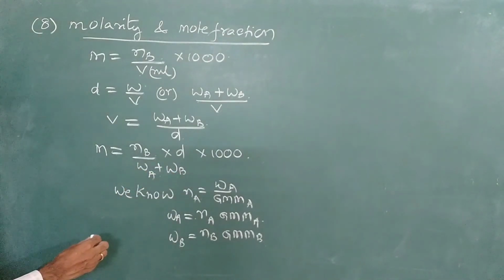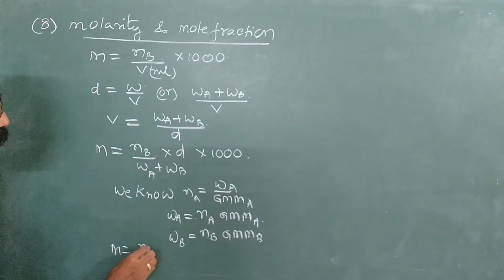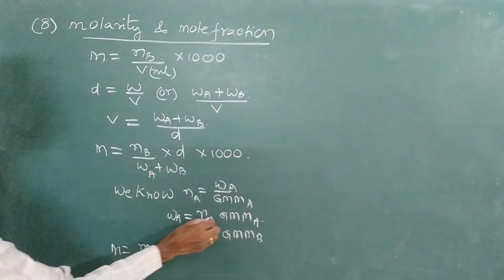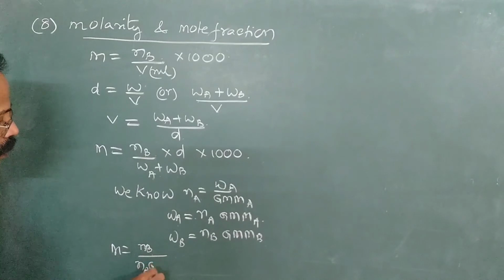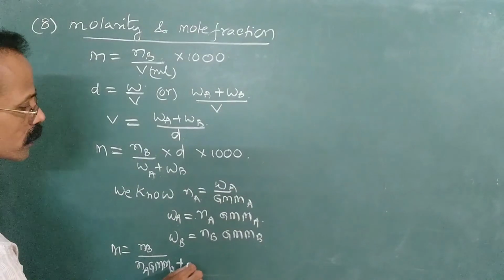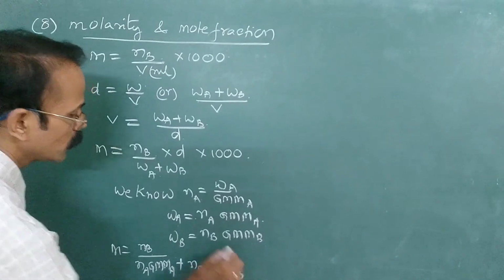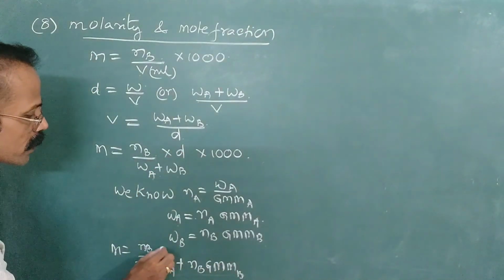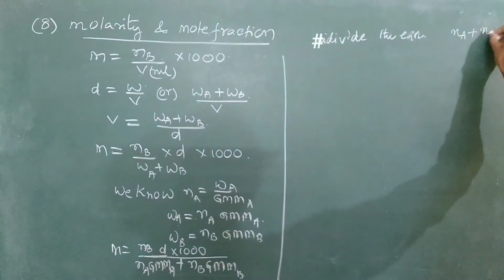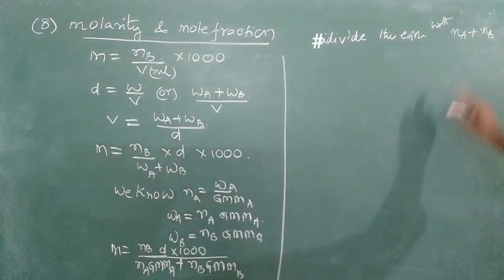Then you will get molarity equal to the number of moles of solute divided by the number of moles of A into the gram molar mass of A, plus the number of moles of solute into the gram molar mass of solute, with density into 1000 in the numerator. Na plus Nb is in the numerator, and in the denominator I will divide with the total number of moles.